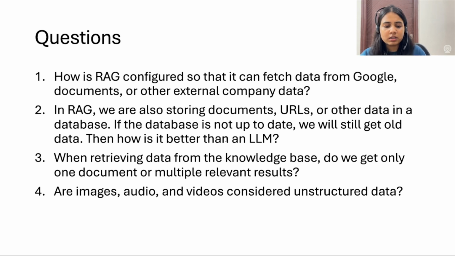The third one is, when retrieving data from the knowledge base, do we get only one document or multiple relevant results? The retriever performs a similarity search and returns the top k most relevant results, as we discussed. For example, top 3, top 5, or top 10 chunks based on the user's query.